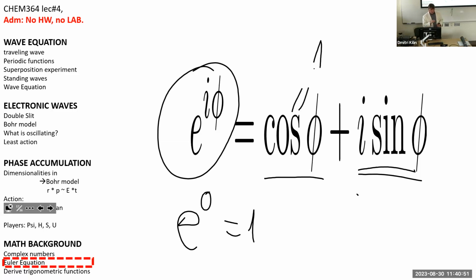So it will coincide with our regular definition of exponential, but outside of this phi equals 0, it gives us a point on a circle with a radius equal to 1.